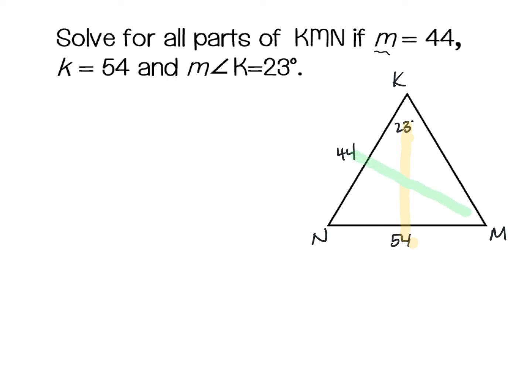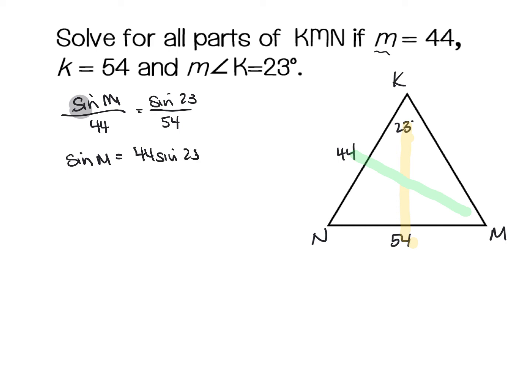All right, so I have the sine of M over 44 equals the sine of 23 over 54. So when I multiply, I get the sine of M equals 44 times the sine of 23 over 54.